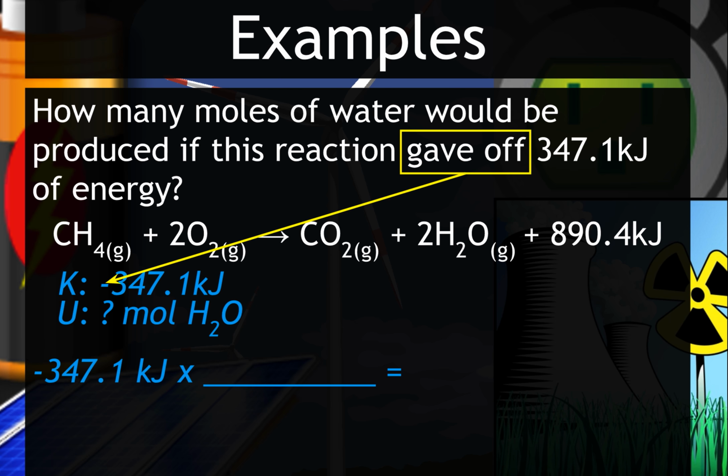I'm asked to calculate how many moles of water. Here's my mole ratio, or my ratio of number of moles per amount of energy. Make sure my units cancel off. Again, this is the amount that's given off, so I need to be sure that it's a negative number when I put it in my formula.